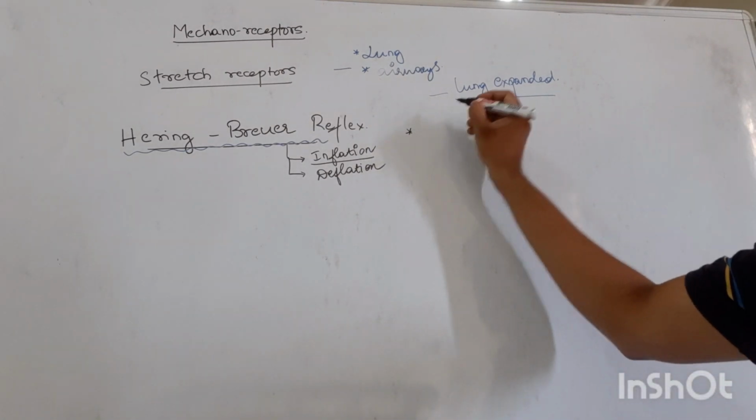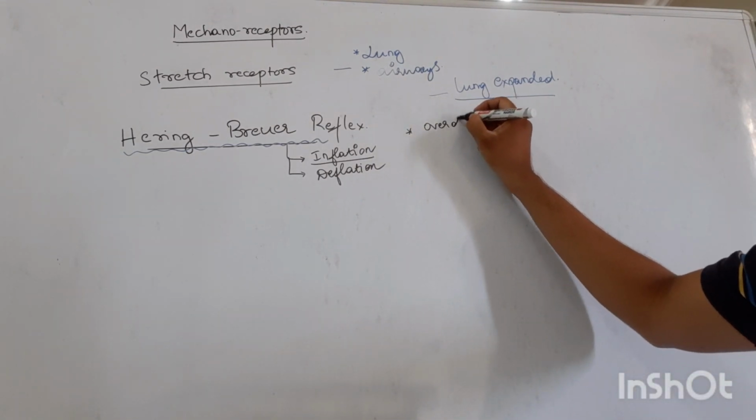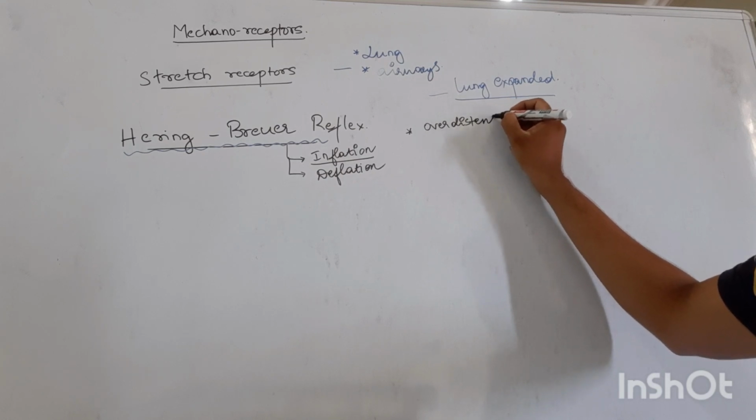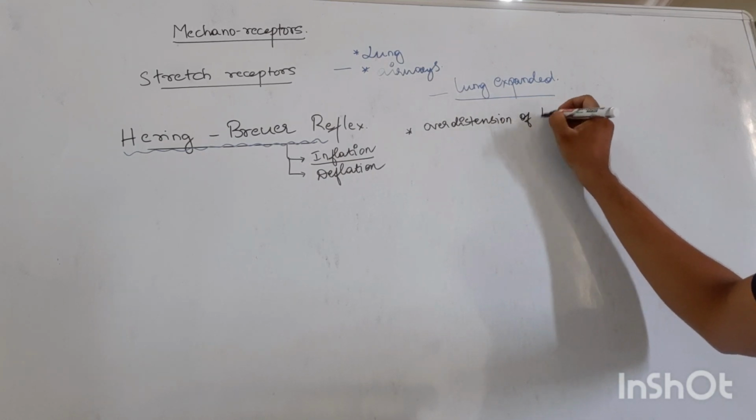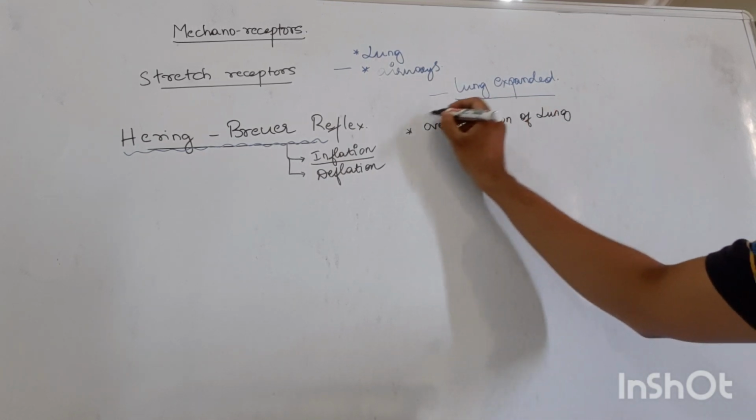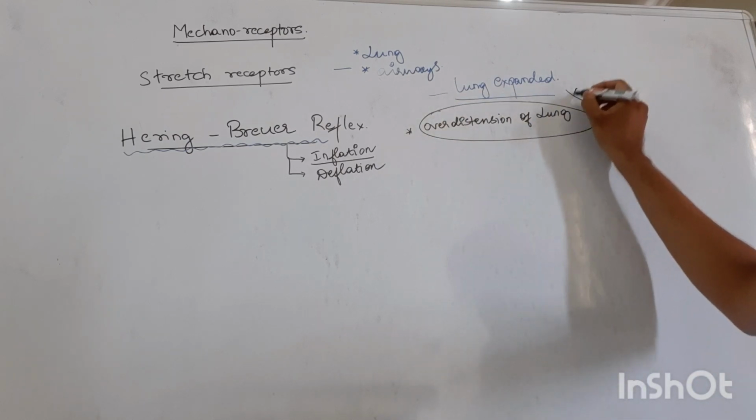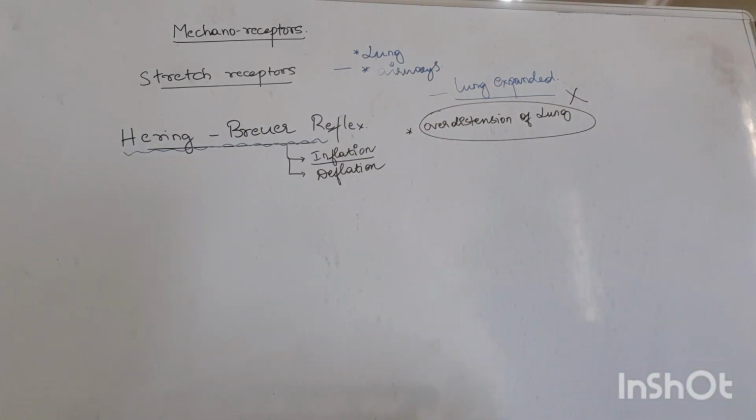This is important to prevent over distension of the lung. So, the over distension of the lung is prevented by this Hering-Breuer inflation reflex.